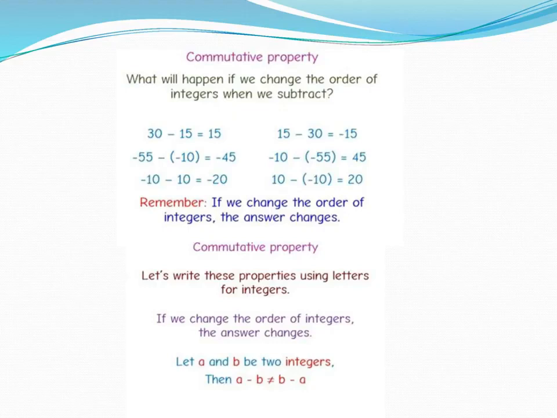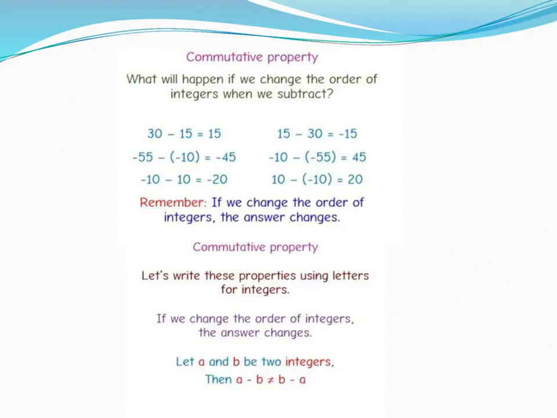And also we will check another example. Minus 10 minus 10 means we will get minus 20. Suppose we change the order. We take the positive integer first: 10 minus minus 10 equals 20. In the first case the difference is minus 20, and in the second the difference is 20.